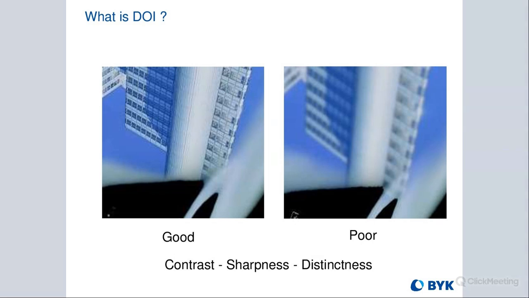So DOI, this is what we talked about in the beginning, or the brilliance. Basically, if you look into a material on a part, you can see your reflection and how distinct that image is. Good distinction of image has a lot of contrast and sharpness, and for poor distinction of image, you would have less contrast and less sharpness. These two pictures give you a very good example.